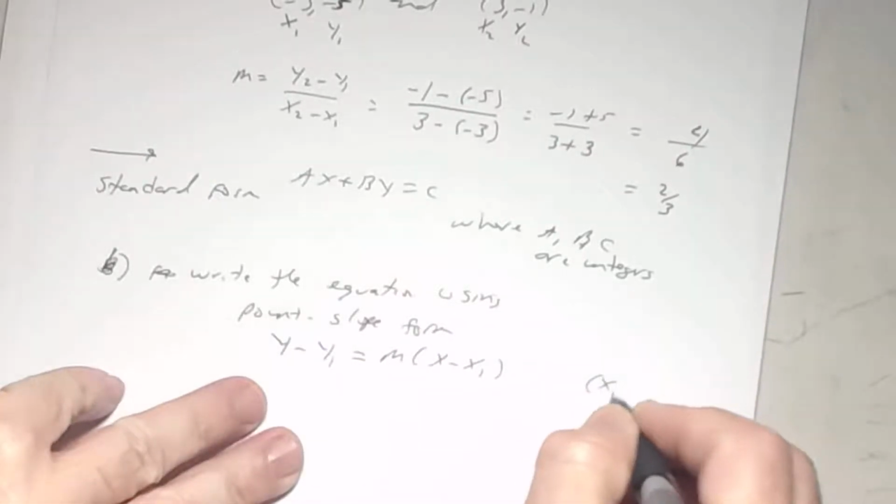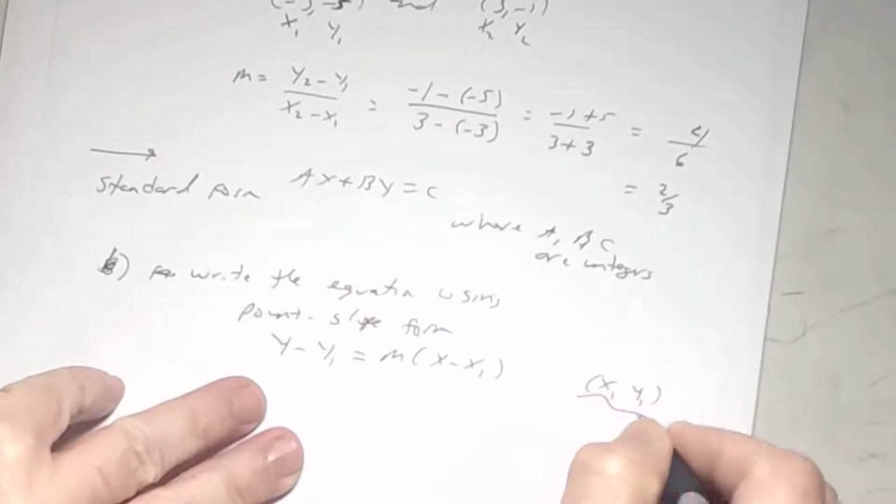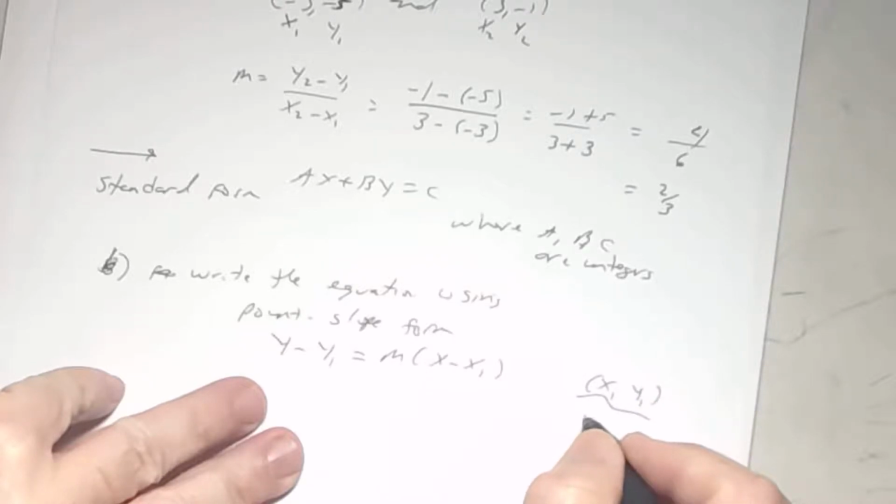Now, the x1, y1, that's a point on the line. So all you need is one point on the line to put in there. How many points do you know that are on that line? 2. It does not matter which point you use. You'll get the same answer. Now, I'll do both of them just to show you.